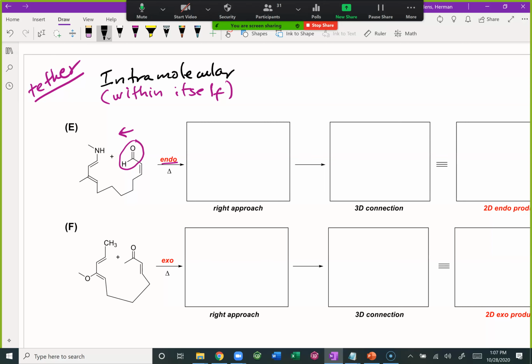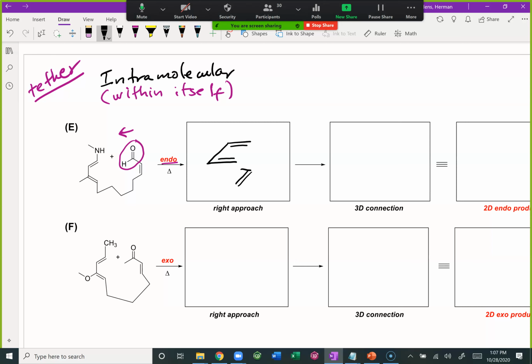I'm gonna teach you all the steps that I used. So I start with my box here, and I have a double bond here and a double bond here. And I'm going to put the dienophile underneath.